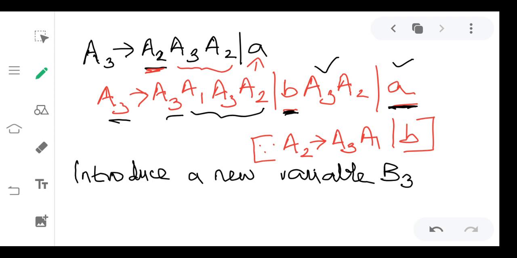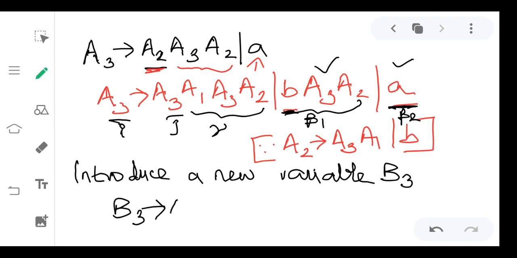So this is j and this is i. Suppose we have the production Ai produces Aj gamma, and this part we will consider as beta 1 and this part as beta 2. So what we have to do first? We have to introduce the variable B3, where B3 produces gamma.